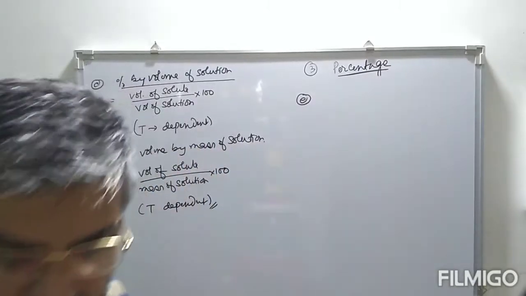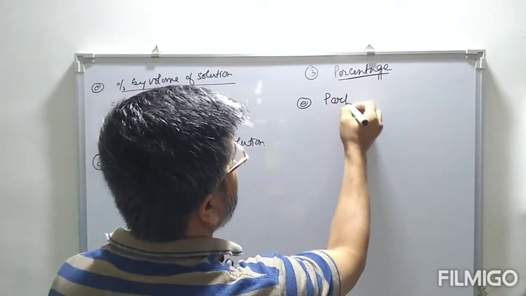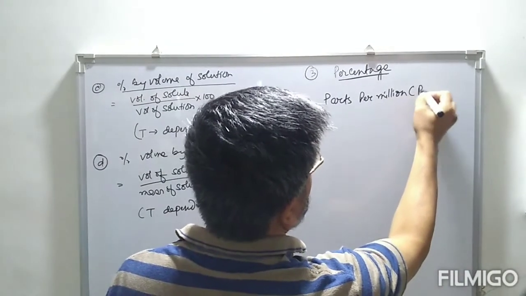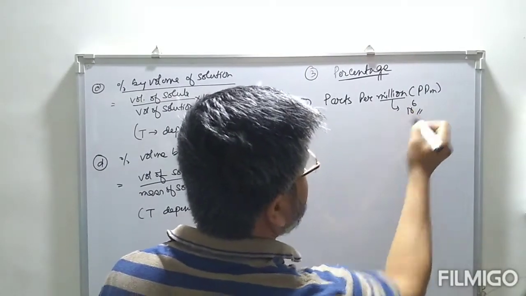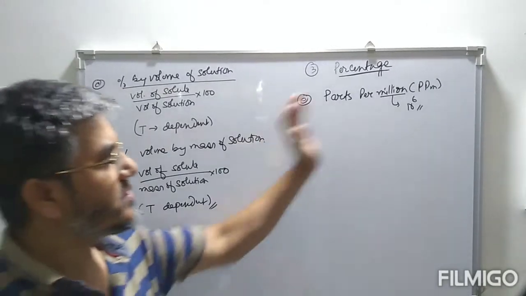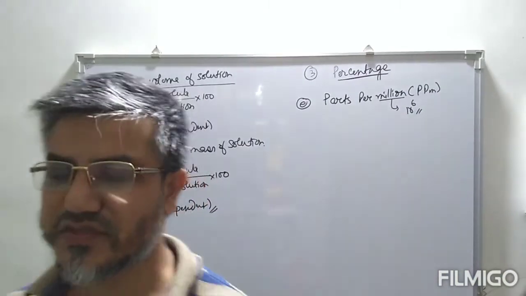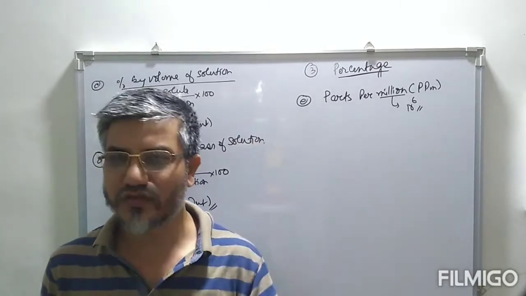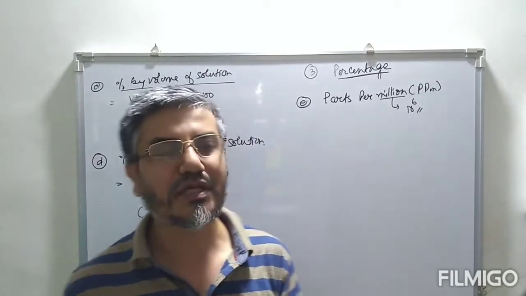When we have concentration expressed in terms of ppm, parts per million, 1 million stands for 10 to the power 6. Now parts per million is used for defining concentration which is extremely small, like the concentration of pollutants in air. This is always defined in terms of ppm or parts per billion.